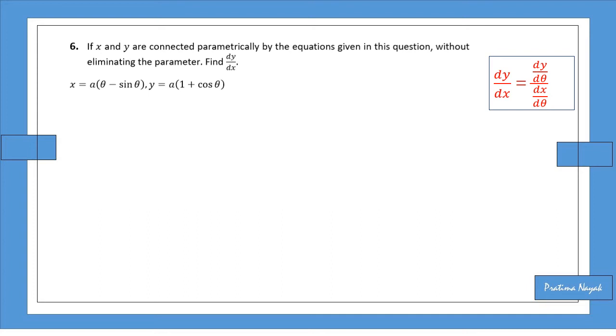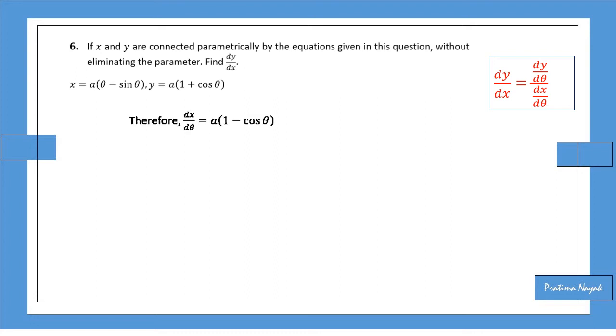Question number 6. If x and y are connected parametrically by the equation given in this question, without eliminating the parameter, find dy by dx. So x is equal to a into (theta minus sin theta), y is equal to a into (1 plus cos theta). So find dx by d theta, then find dy by d theta, then you divide.